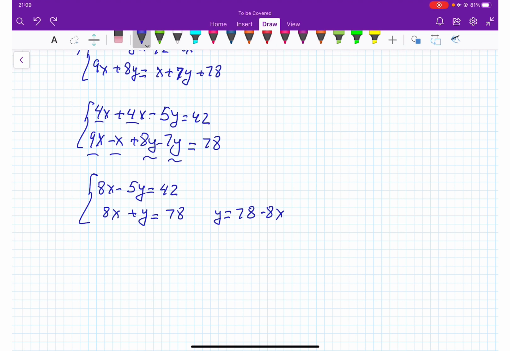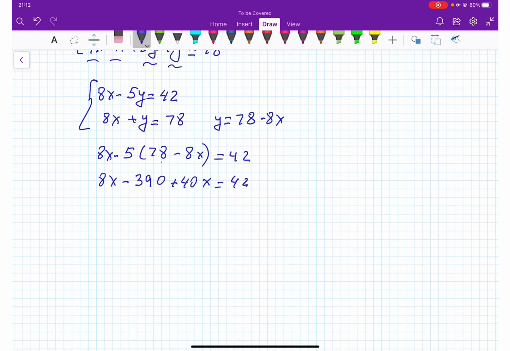Therefore, we get 8x minus 5 times y, which is 78 minus 8x, and that is equal to 42. And 8x minus 5 times 8 is 40, so 5 times 78 is 390, and plus 40x is equal to 42.